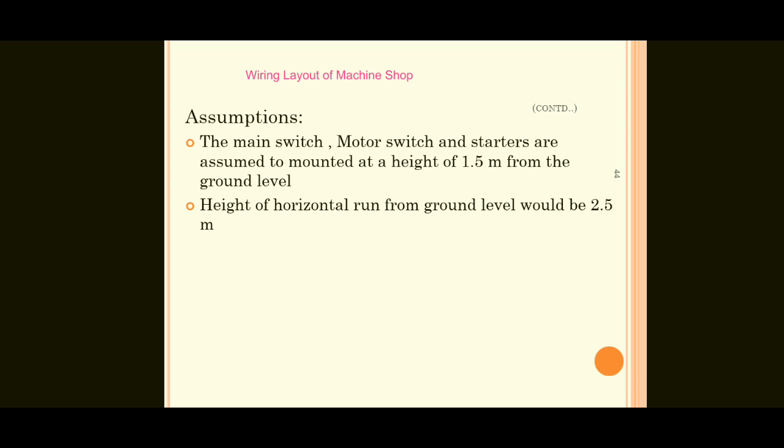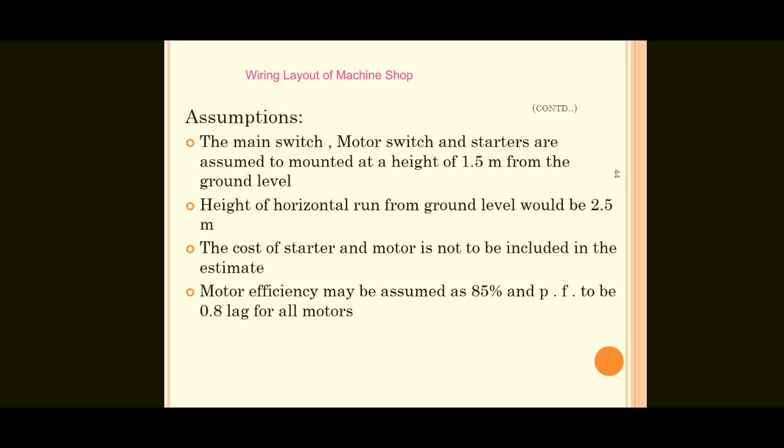Height of horizontal run from ground level would be 2.5 meter. The cost of starter and motor is not to be included in the estimate. Motor efficiency may be assumed as 85% and power factor to be 0.8 lag for all motors.